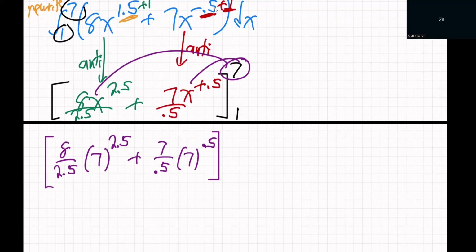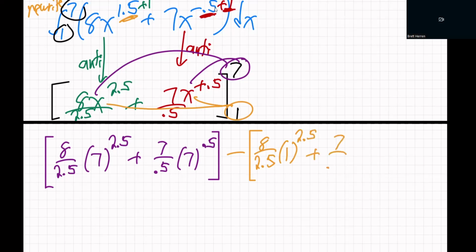And then we're going to go minus, and we're going to do the second part. Now we're going to take the 1 and plug that in. Boom and boom. So we get 8 over 2.5, 1 to the 2.5 plus 7 over 0.5 times 1 to the 0.5. Like that. All right. So you see what we did there.